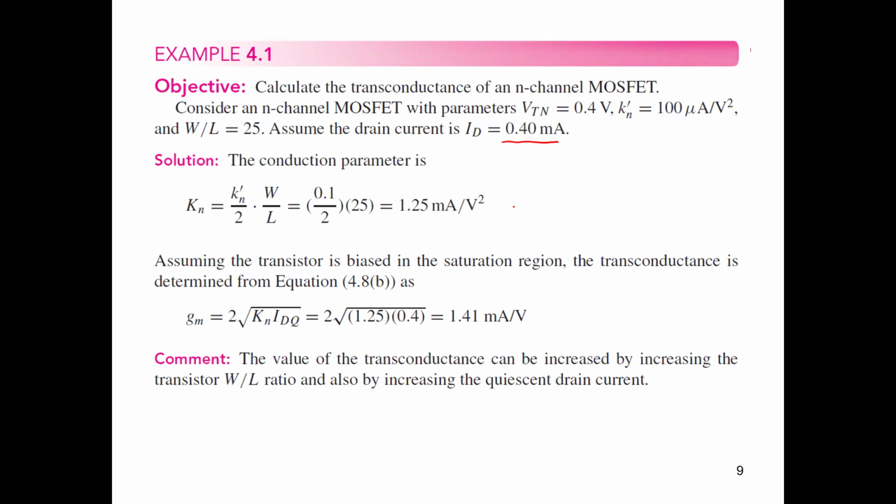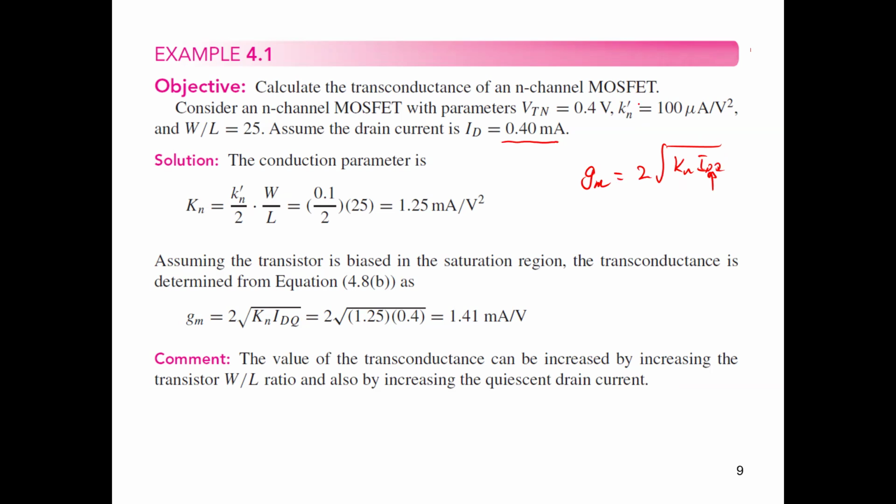So the relation is very straightforward, guys. So GM equals 2 square root Kn IDQ. IDQ is given. Kn, we can calculate Kn. So we have W divided by L, and we have Kn prime.